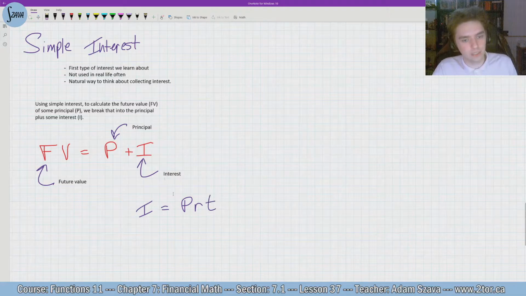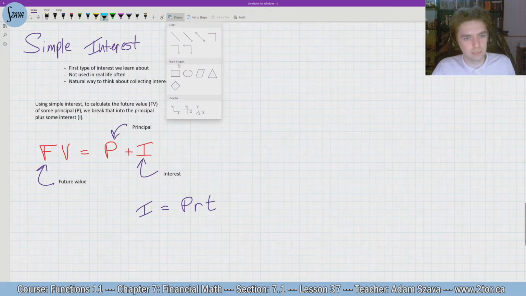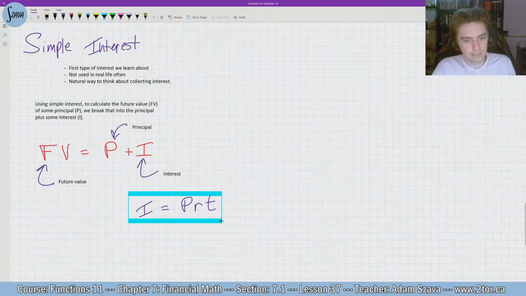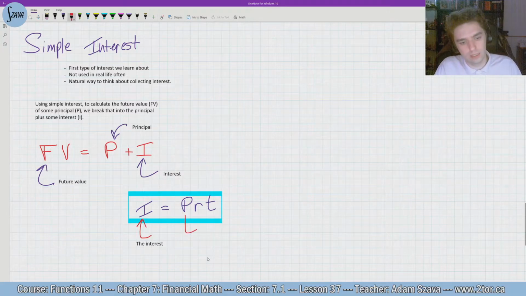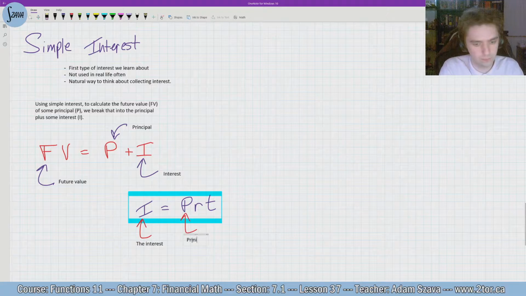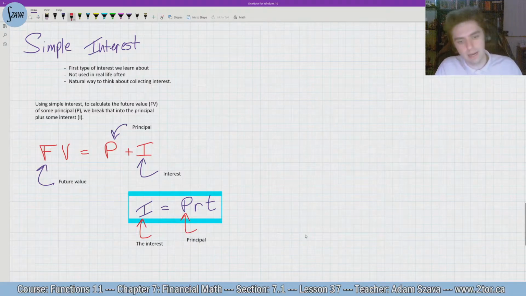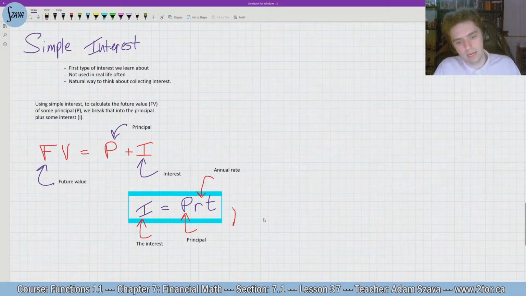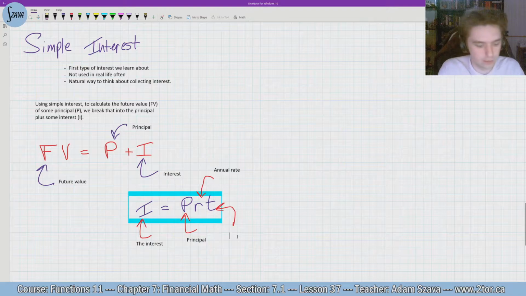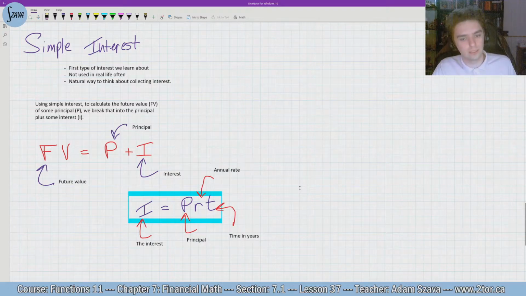This right here is the main formula for simple interest, what I've just highlighted. That's the main idea: the interest is equal to the principal times the annual rate they gave you, times the number of years. So, time in years. Very importantly, it's in years because your annual rate is always per year.